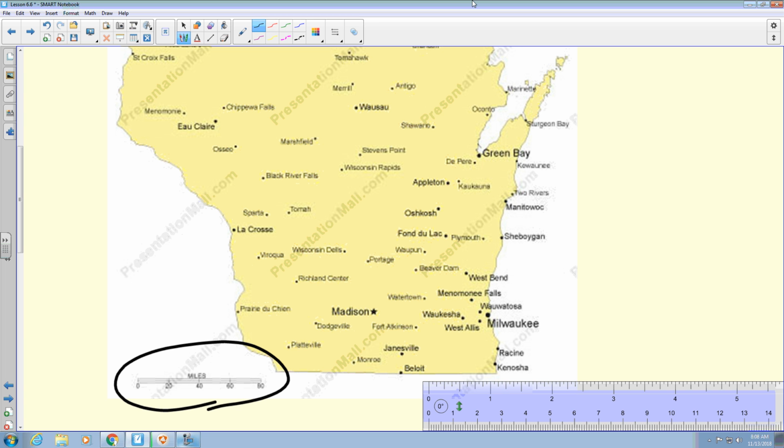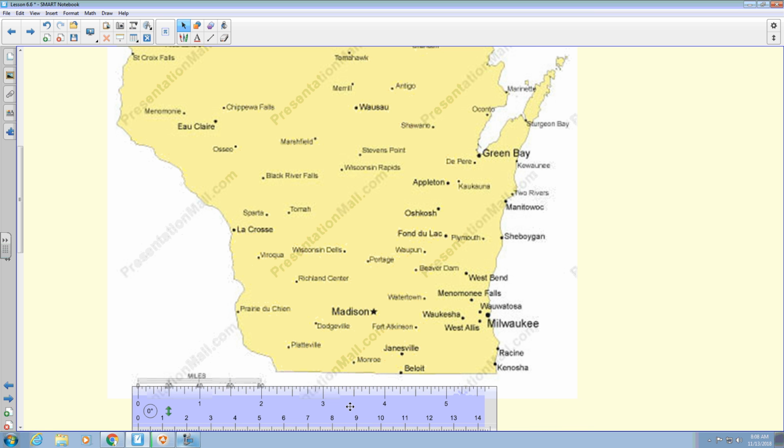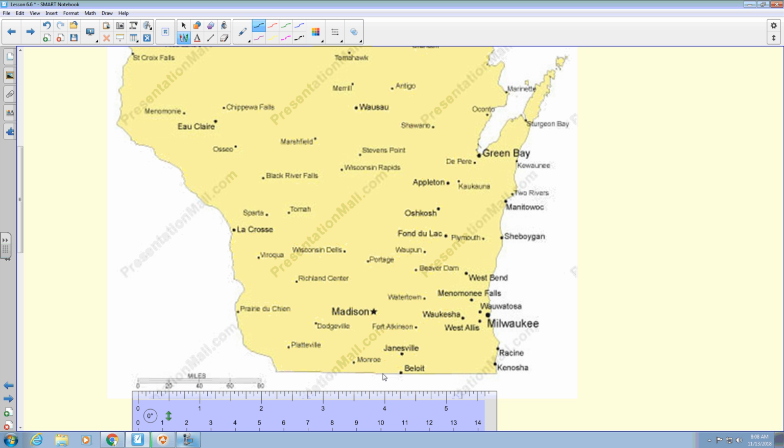What you can do is this, and it'll look different for you guys because I don't know how close this measurement is. If you take this ruler and measure it onto here, it looks like 2 inches equals 90 miles. So I'm just going to make a note: 2 inches equals 90 miles.